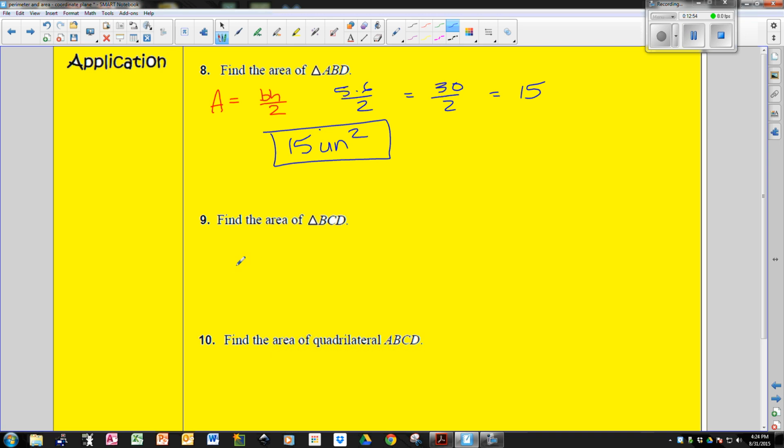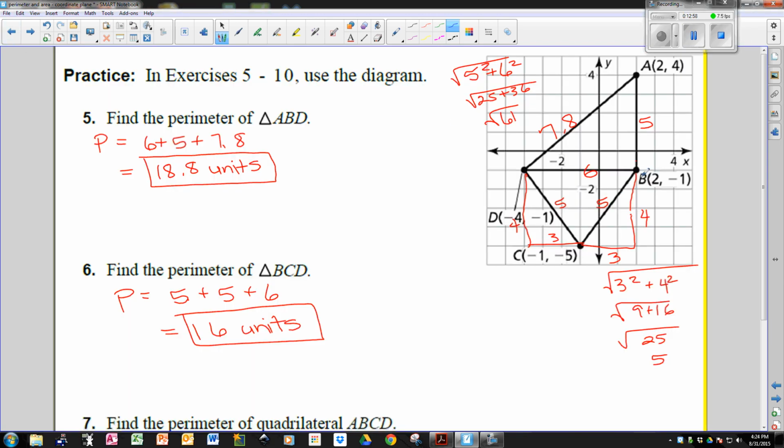All right. Now it says find the area of triangle BCD. So let's look at triangle BCD. Now they want the area of this one. Well, since these two right here are opposites of each other, I know that this is a 90-degree angle here. Actually, let's go base times height.